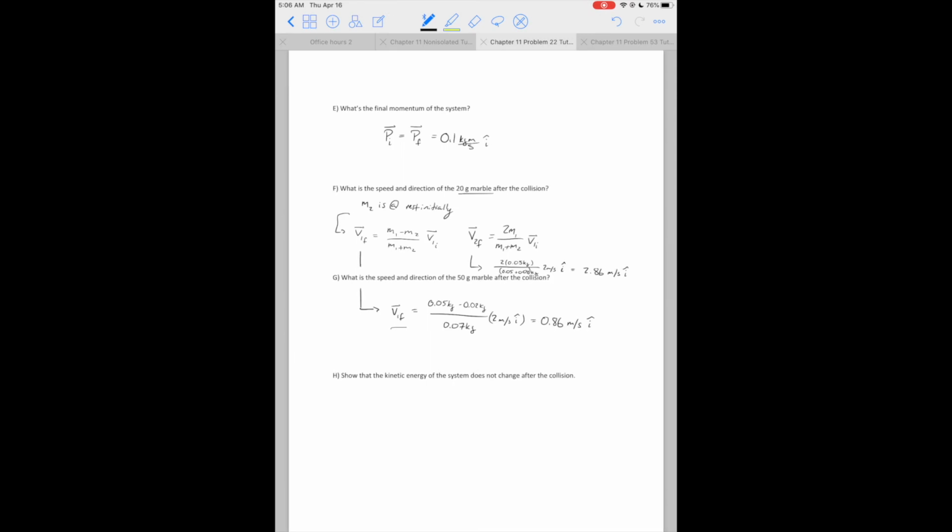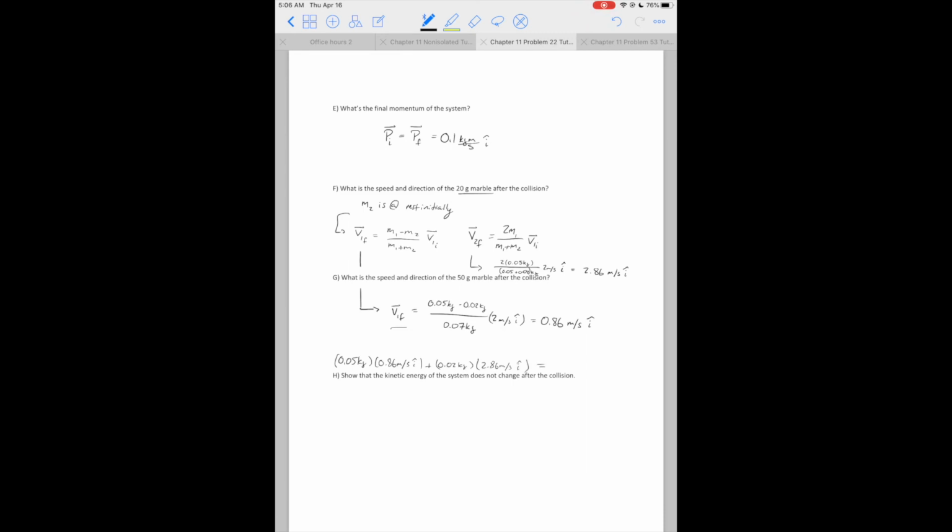So what we can ask ourselves is, does this give the correct final momentum? We know what that has to be. If I sum up the two momenta of this final situation after the collision, 0.05 kilograms times 0.86 meters per second I-hat plus 0.02 kilograms times 2.86 meters per second I-hat, what do I get?